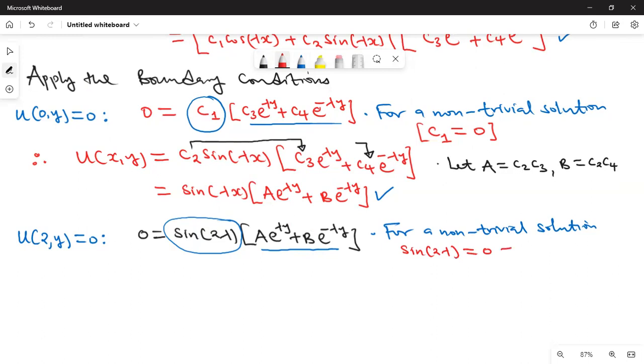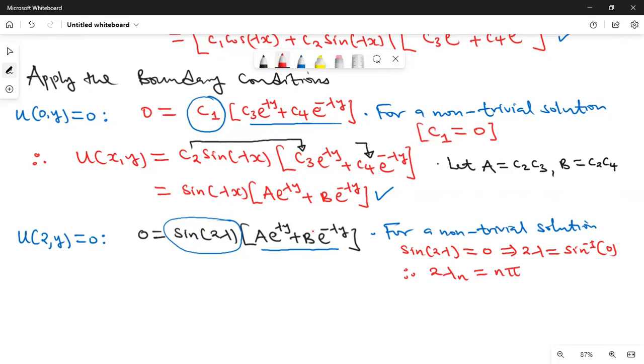This means that 2 lambda is equal to sine inverse of 0. And you know there are so many angles whose sine is 0. So therefore, there will be so many of these lambdas because there are so many angles whose sine is 0. So the sine inverse of 0 will give us n pi.